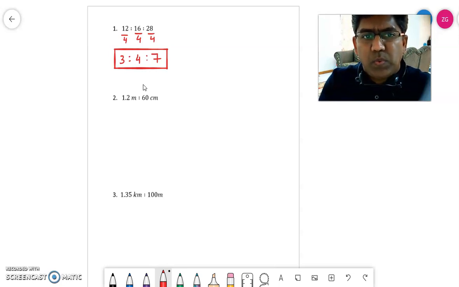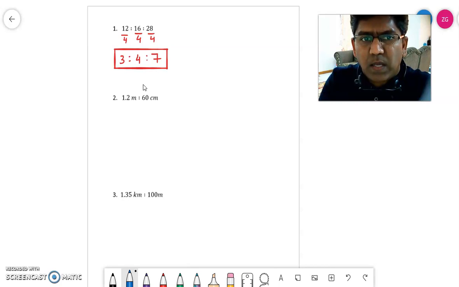Now example 2 is 1.2 meters is to 60 centimeters. Here we have units and the units are different. So before we start simplifying, we need to make sure that the two are in the same unit. We always prefer to convert the big unit into the smaller unit.